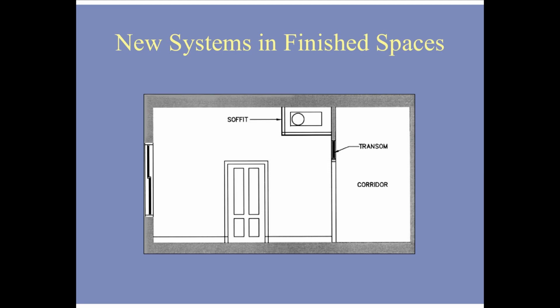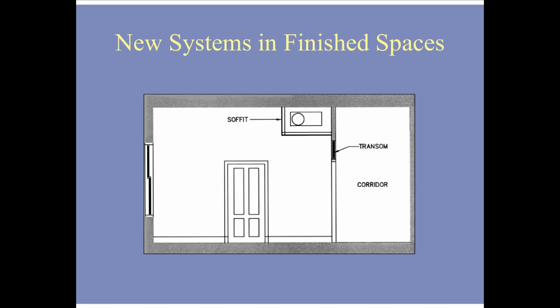A preferable solution is to install chases and soffits to conceal systems while maintaining the historic volume and ceiling height of the space. Make sure these elements do not impact historic features like woodwork, transoms, windows, or doors.